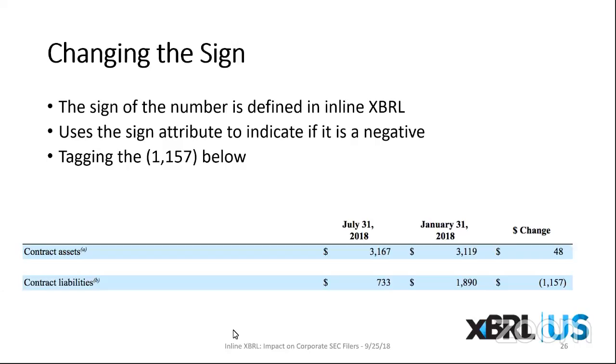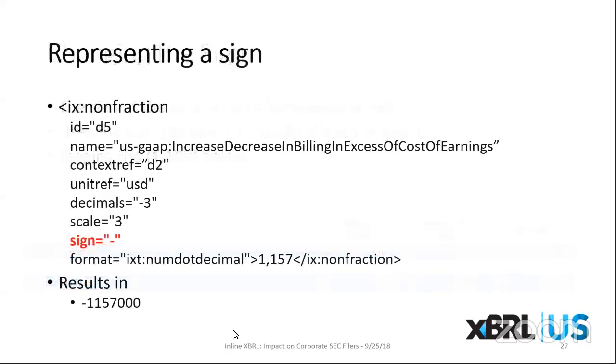And the sign modifier, if we go to the next slide, it's just an additional attribute that is attached to the fact value here. So you can see it has a sign negative value, which transforms our value. And you can also see the value is transformed by the num.decimal format, which actually removes the comma from it and just represents it as a standard non-formatted number that is negative.